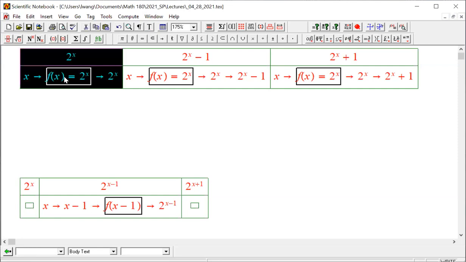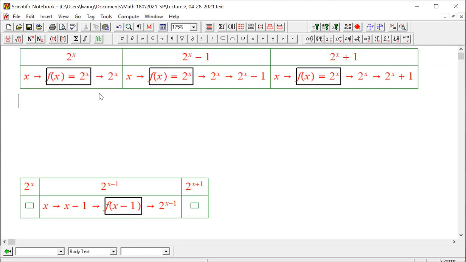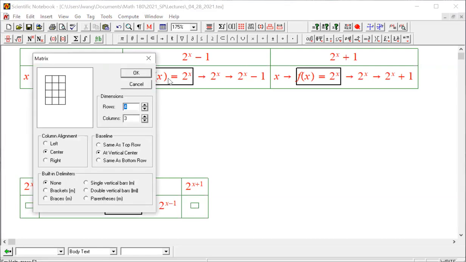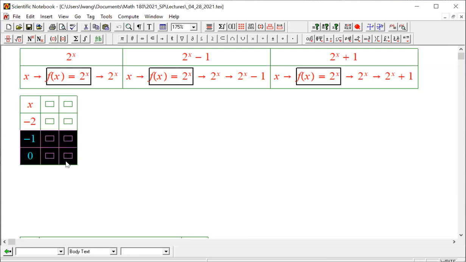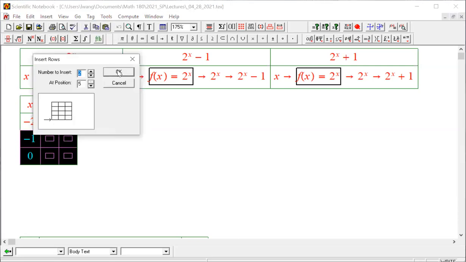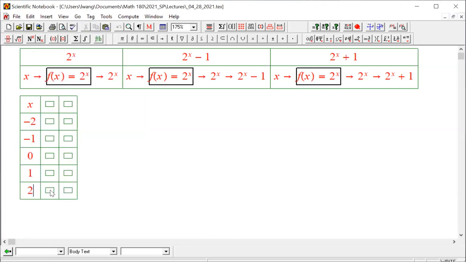We are pretty familiar with that picture, don't we? Once again, I'm going to give you the points for you to plot. For the x value, for the input, I will give you -2, -1, 0, 1, 2.